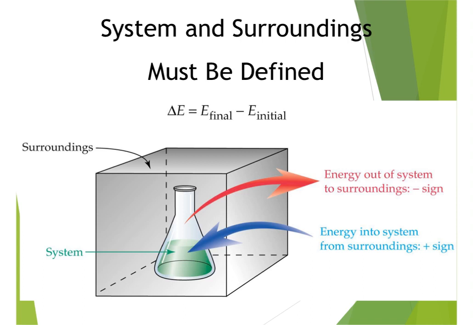I'm sure you've heard of exothermic and endothermic, and they are each represented by a different mathematical sign. This is your system in here. If your system is releasing or giving off energy, we call that exothermic.